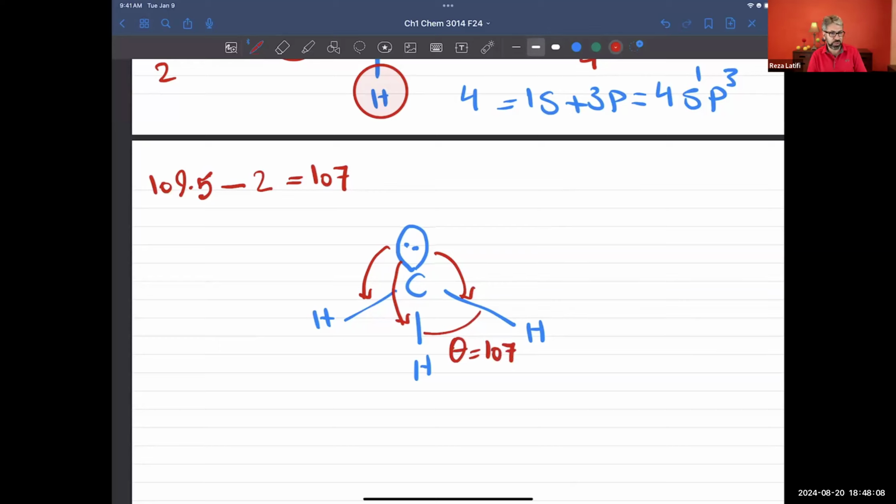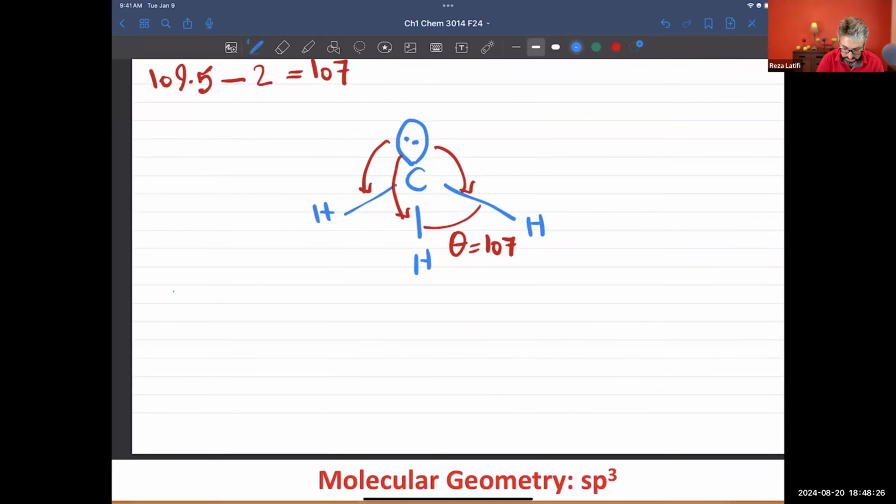Okay, now what's going to be the geometry? Okay, the geometry, let's put it this way. Here, what do you see? 1, 2, 3. I see 3 atoms, 3 green atoms. So I'm going to say the geometry that I see is trigonal. Okay, I see a carbon attached to 3 hydrogen atoms.